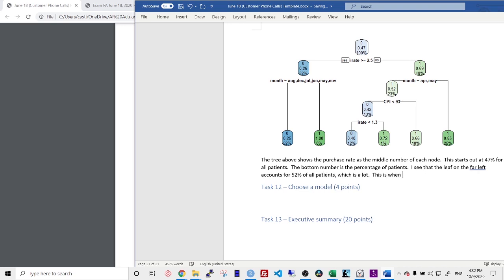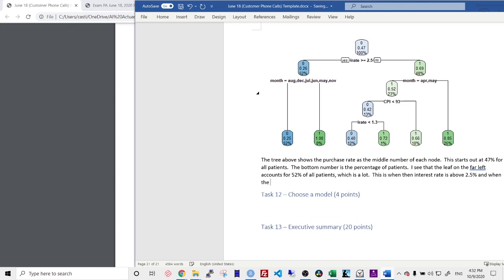So this is when the interest rate is greater than 2.5%, and when the month is May, June, July, or August, or November and December. These patients have a low purchase rate, 25%.